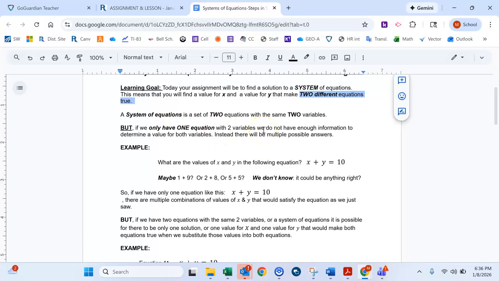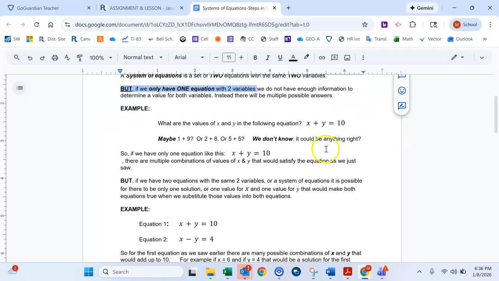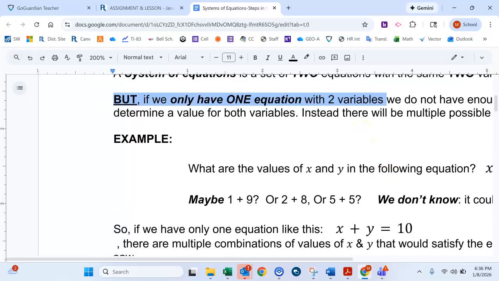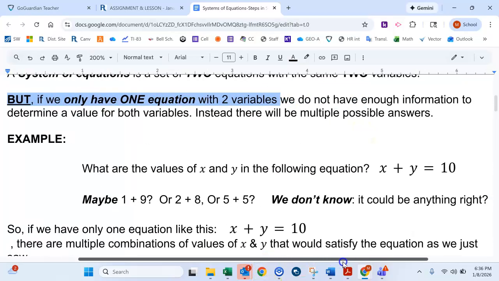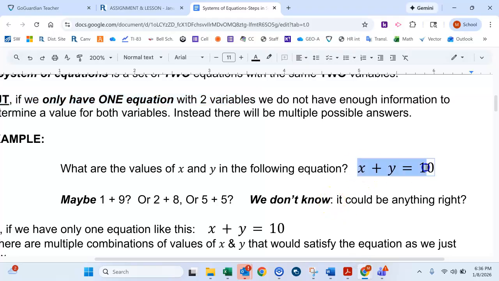Now, if we have only one equation with two variables, we don't have enough information. Let's take an example right here, okay? So if we have x plus y is equal to 10, so maybe x is 1 and y is 9 because 1 plus 9 equals 10, true, right?